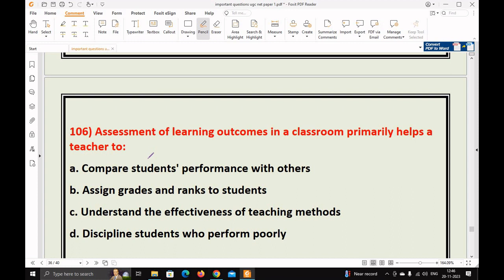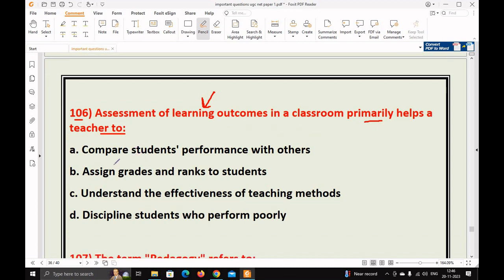Next question, question number 106. Assessment of learning outcomes in a classroom primarily helps a teacher to. So, if a teacher is assessing learning outcomes, it will help the teacher in.